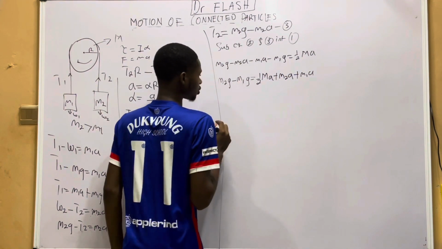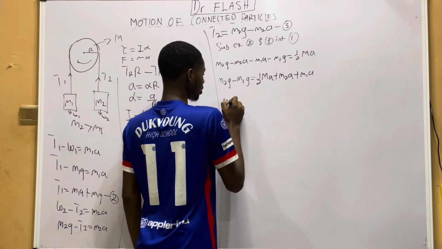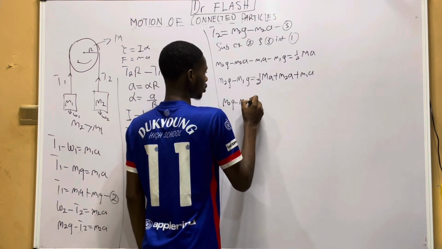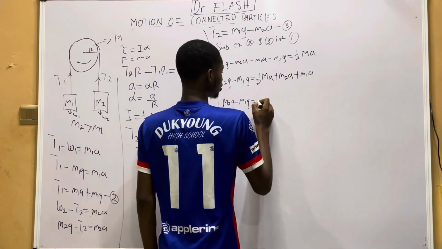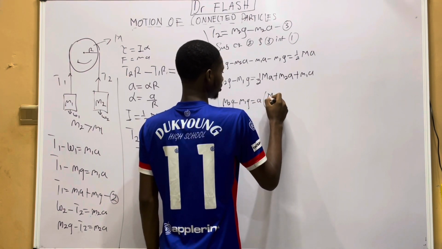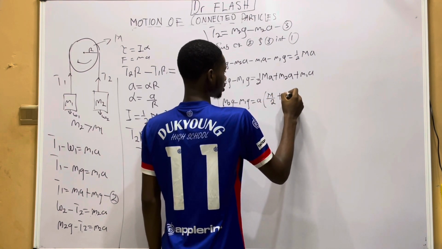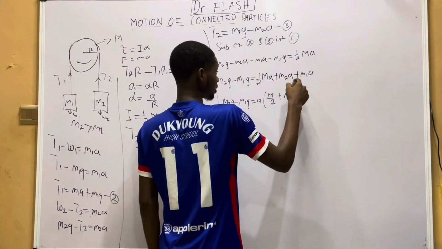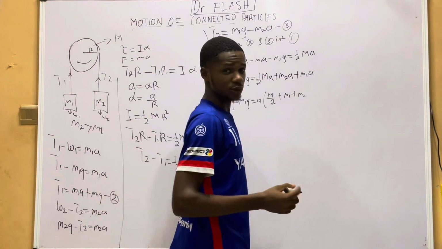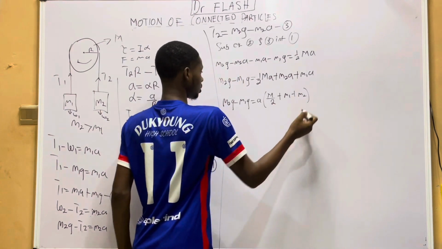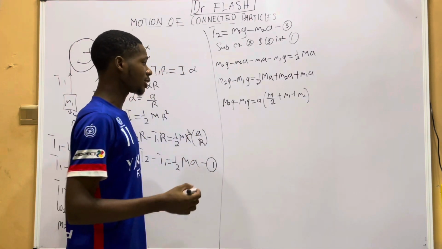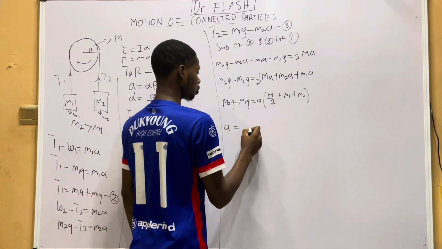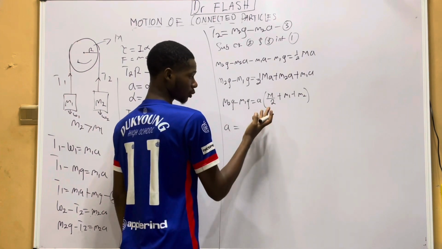So from here we can factorize. We have M2G minus M1G equals A is common, so we have A into bracket big M over 2 plus M1 plus M2. I'm just writing M1 and M2 to make it easier for students to recognize. So from here, dividing both sides by the acceleration, we have acceleration equals G is also common, so we can factorize.